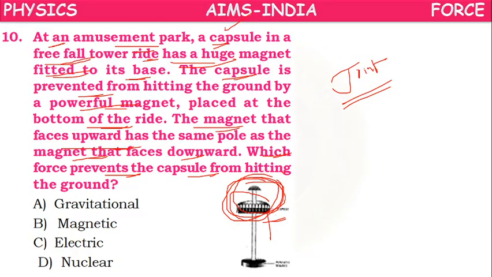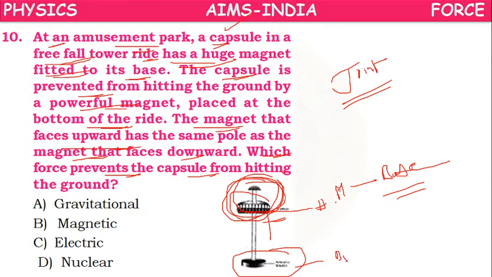For the capsule, a huge magnet is fitted at its base. Next, we have another powerful magnet fitted at the bottom of the entire machine. How they are fitted: suppose the North Pole is facing down and the South Pole is facing up.